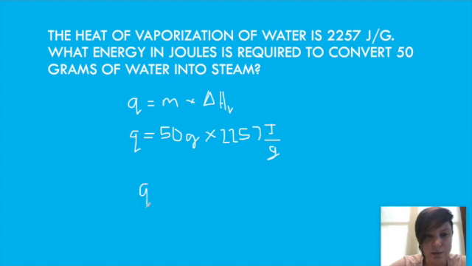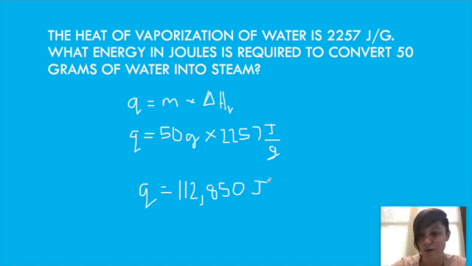Let's type that into our calculator and see what we get. We get 112,850 joules. So a whole bunch more energy is needed to change liquid into gas. And this is joules, so energy is always in joules.